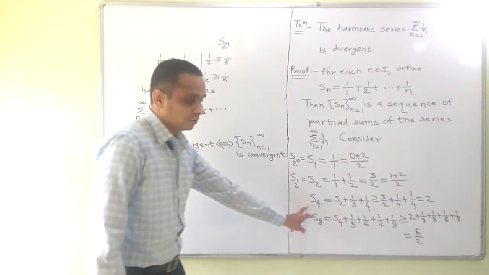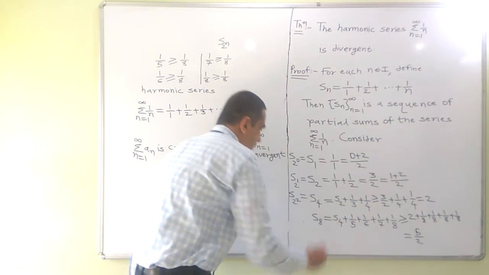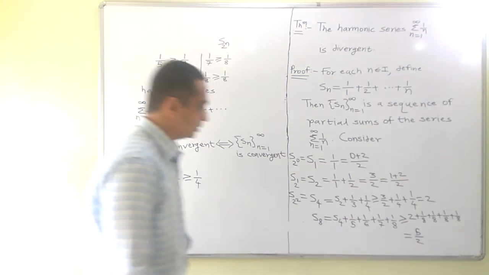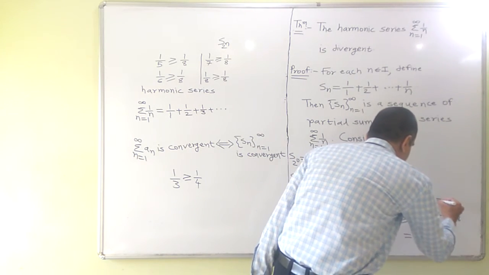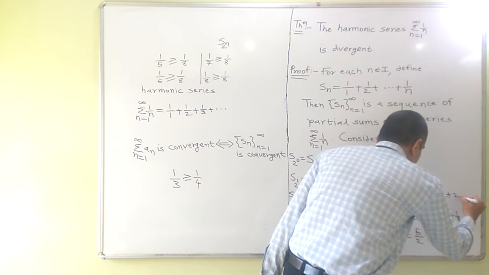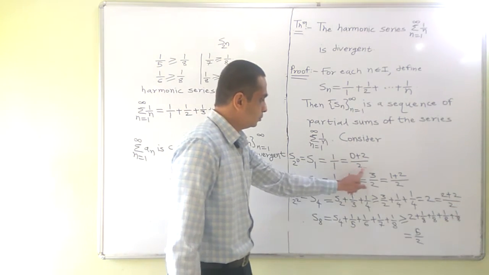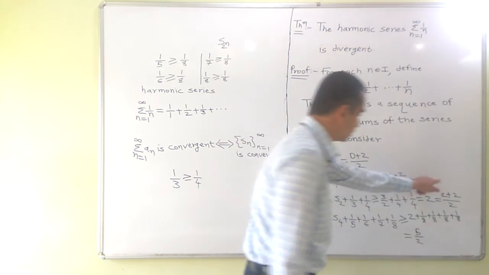Now this S_4 I am going to write as S_(2^2) equal to S_4. Now this 2 I can write as 2 plus 2 upon 2. So 0 plus 2 upon 2, 1 plus 2 upon 2, 2 plus 2 upon 2.